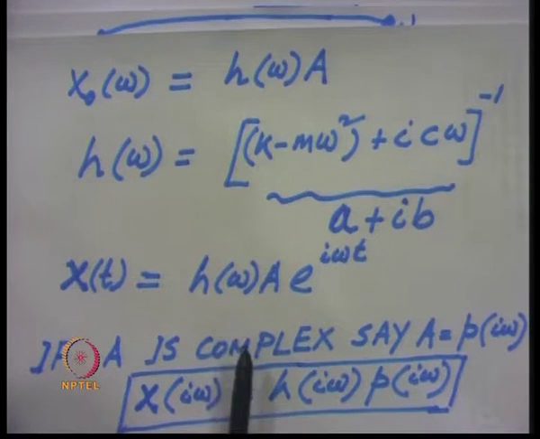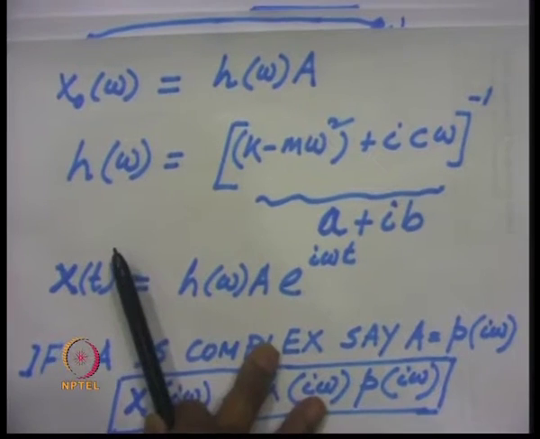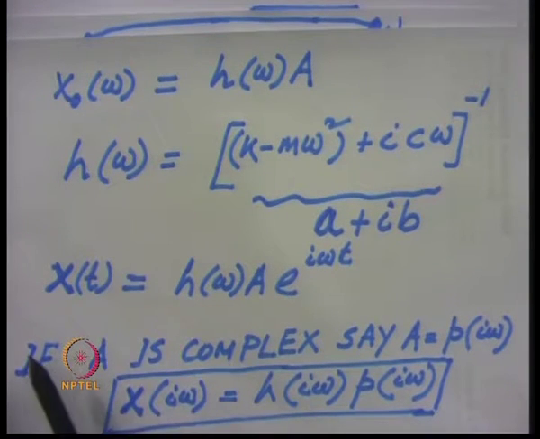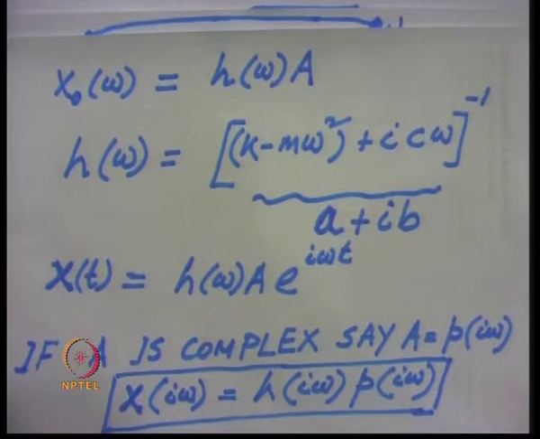If a happens to be a complex quantity, say a is equal to p i omega, which will be the case for us for specified ground motion, then one can write down x i omega is equal to h i omega multiplied by p i omega.